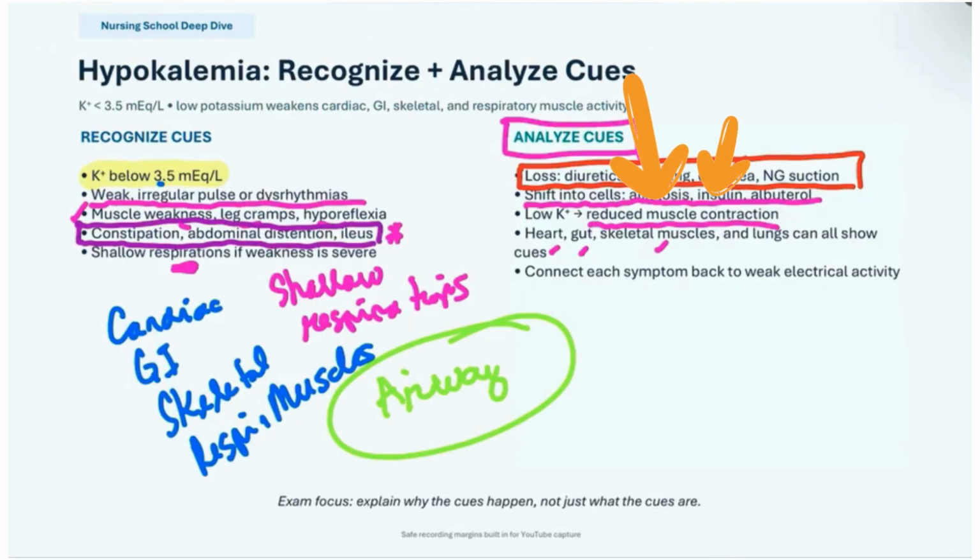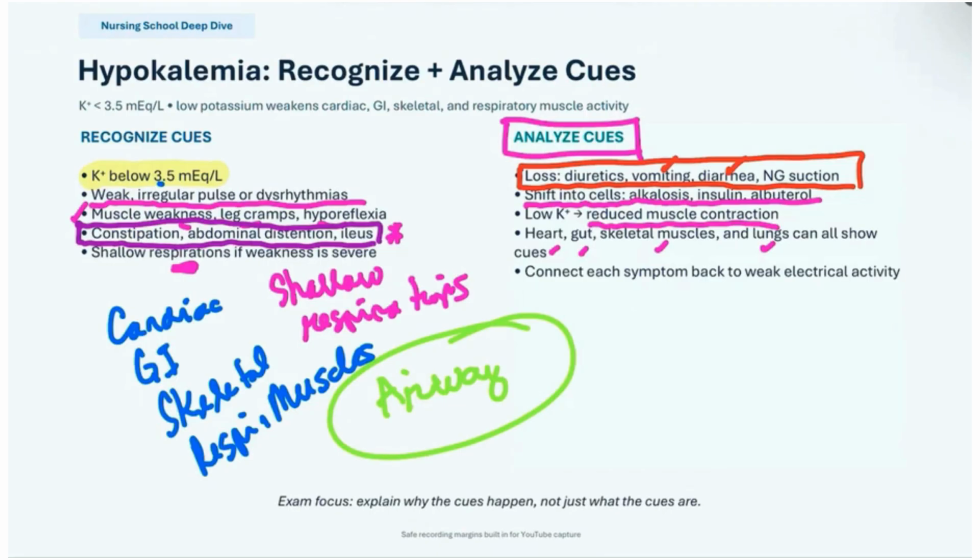And when severe, it can also affect the respiratory muscles. The key is to connect each symptom back to altered electrical activity and impaired muscle function. That is much more useful than memorizing a list of unrelated signs and symptoms.